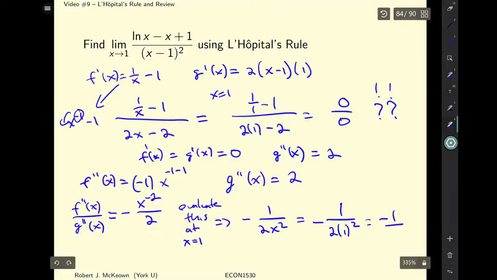And we're left with negative 1/2. So if we want to find the limit of this kind of ugly expression, we ended up having to use L'Hopital's rule twice. But when we did, it worked out pretty nicely, and it wasn't too onerous a calculation to do so.